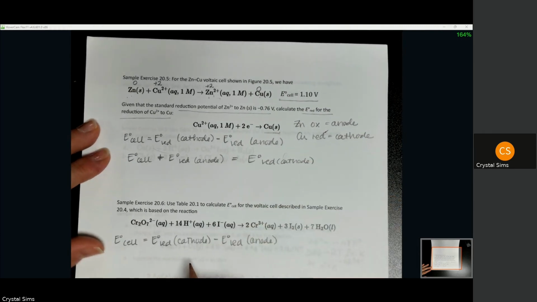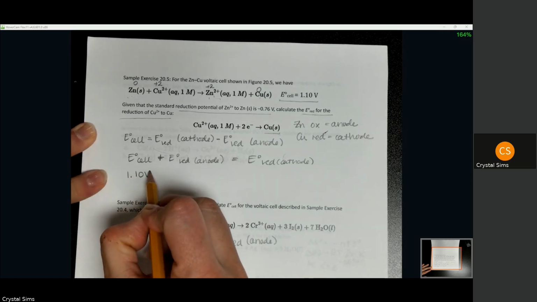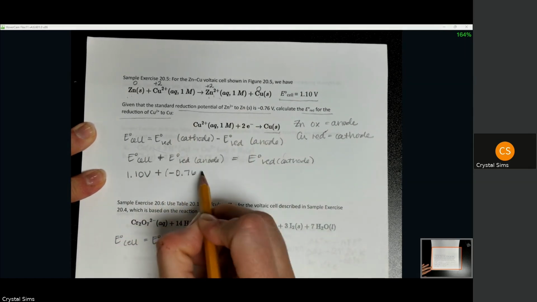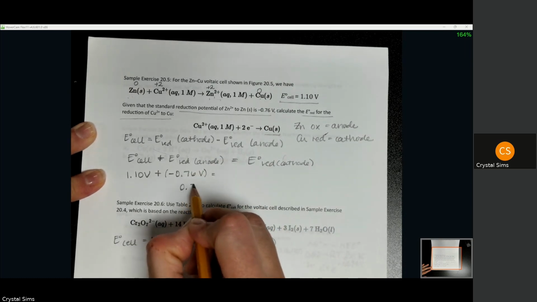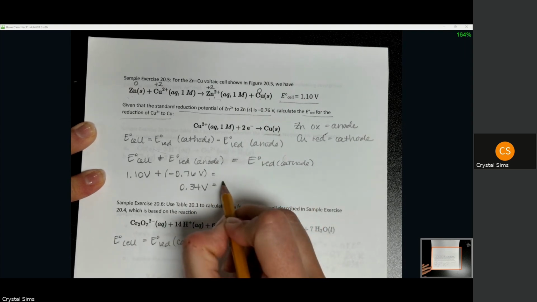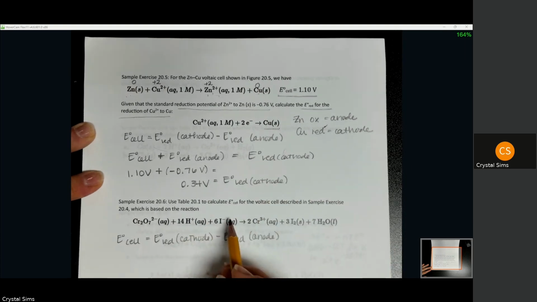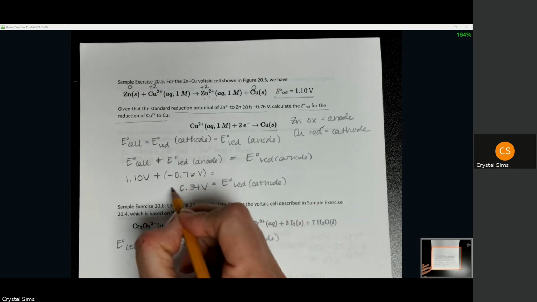So we have 1.10, that gave us that, plus this is a negative 0.76, and that's going to equal 0.34 volts for our reduction potential of our cathode. And we can double check this because we can look in table 20.1 and we see that indeed the reduction potential of copper 2 plus to copper is 0.34. And of course that would be positive.